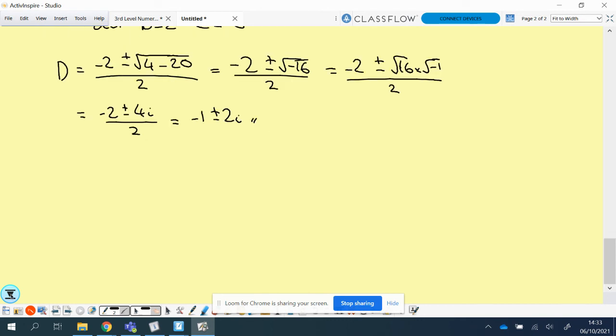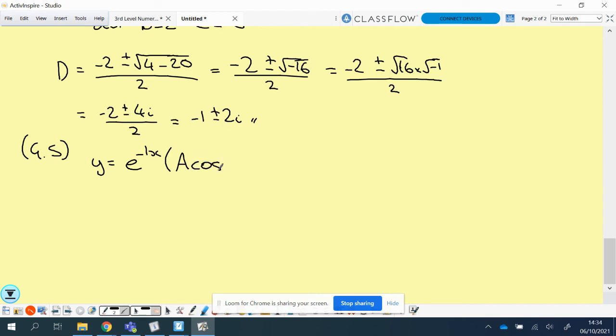So once I've got my roots of that form, we'll put into the general solution. So the real part of my complex number, so the bit that doesn't have the imaginary number attached to it, is negative 1. That goes on to my exponential. So it's going to be y equals e to the negative 1x, or e to the negative x, times a cos, sorry, it's cos first, wasn't it? It doesn't really matter because you just know it's going to be sine and cos, and they would work either way.